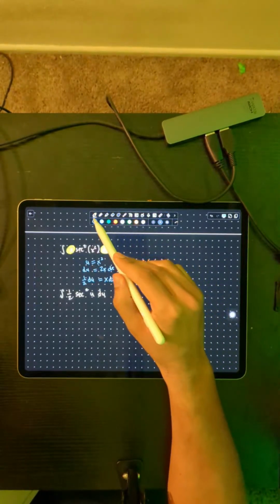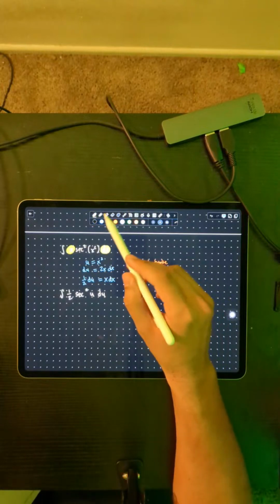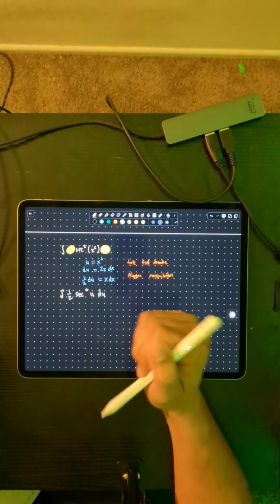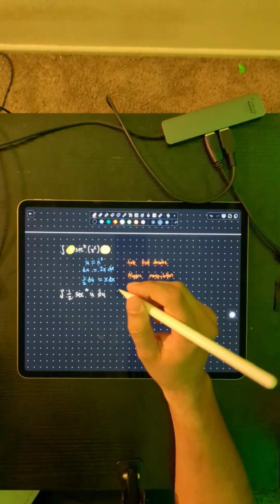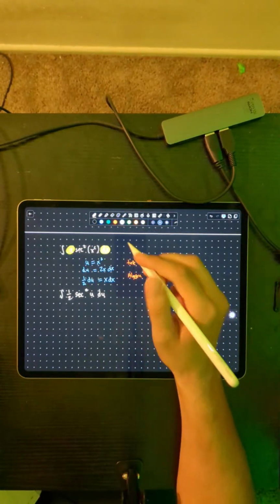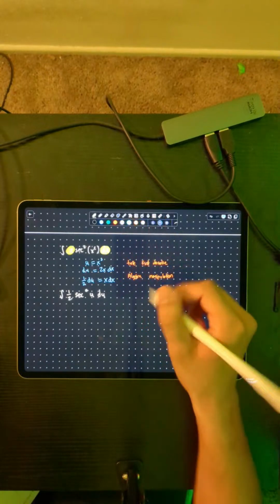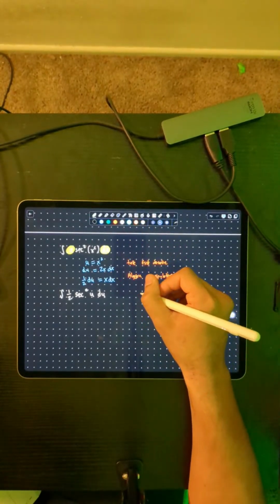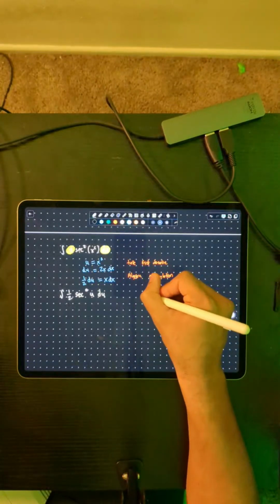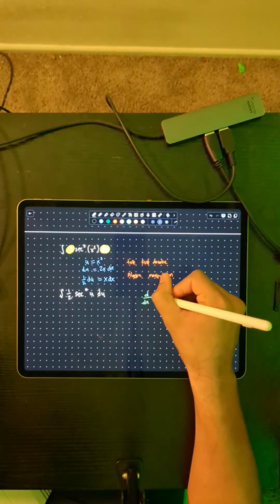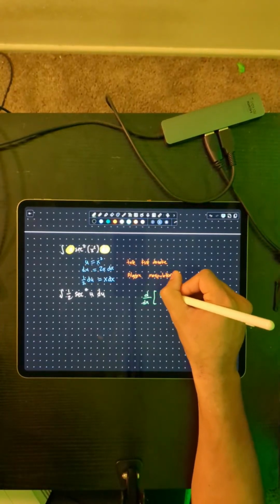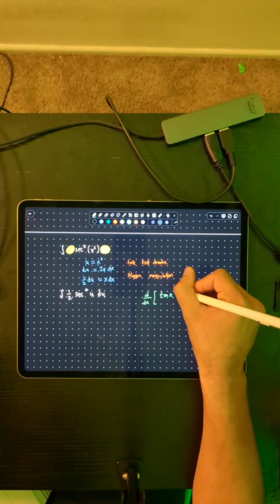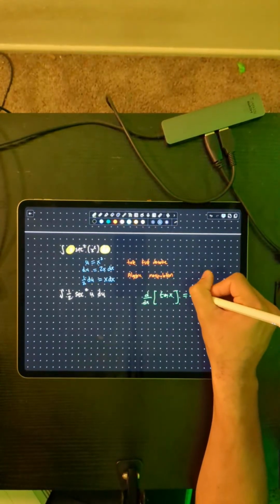Now, chat, does anyone remember which derivative gives us secant squared? Hopefully you remember from last semester, if you've taken calculus, that the derivative of tangent of x is secant squared.